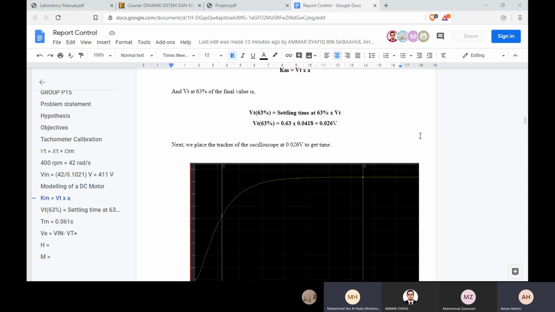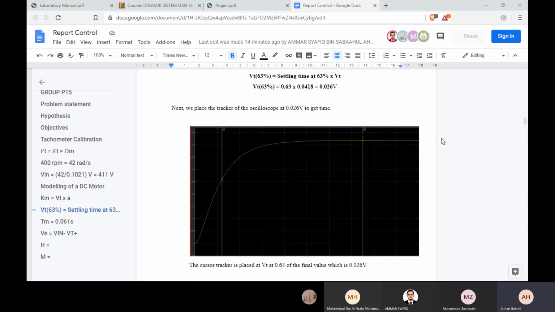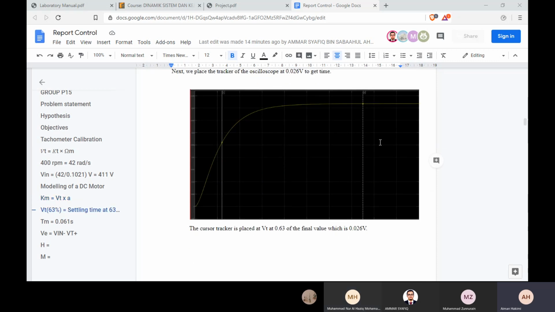To find the time constant, we need to find the Vt at 63% settling time. So the value is 0.026 volts. Then from the graph, we place the tracker of the oscilloscope at 0.026 volt to get the value of time.